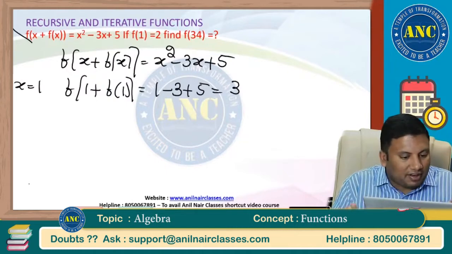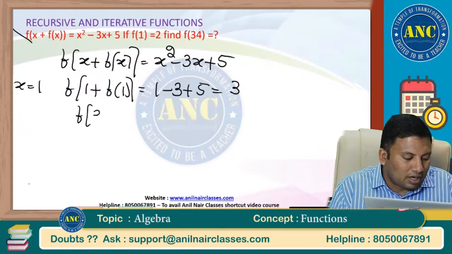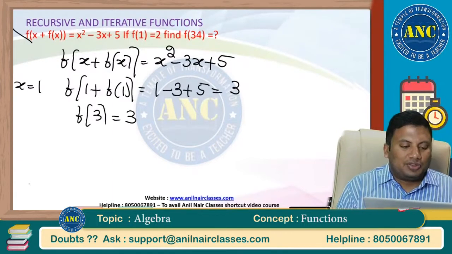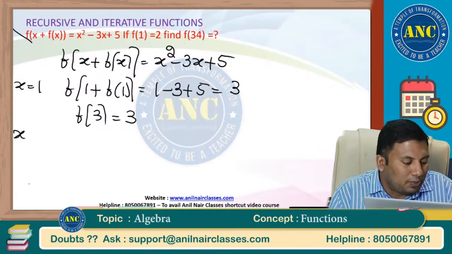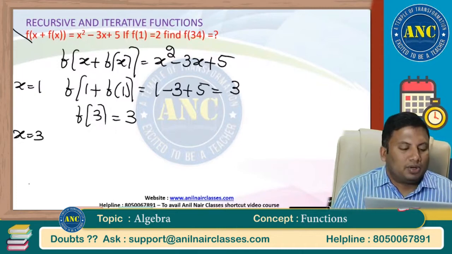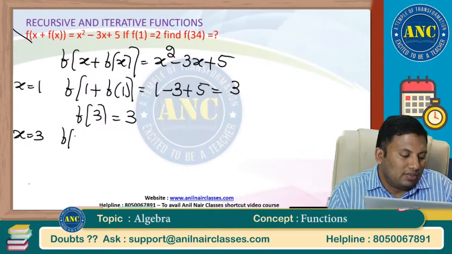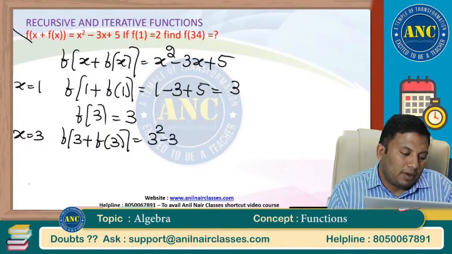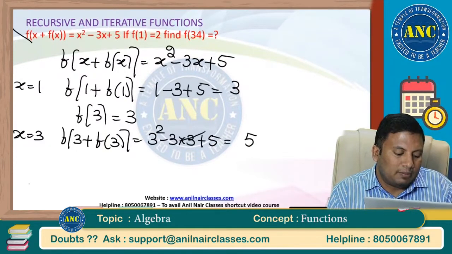What is f of 1 value? 2. 2 plus 1. f of 3 equivalent to 3. Right? Whatever the output that you got, take it as an input. X equivalent to 3. These are nothing but f of 3 plus f of 3 equivalent to 3 square minus 3 into 3 plus 5. Answer is nothing but 5.